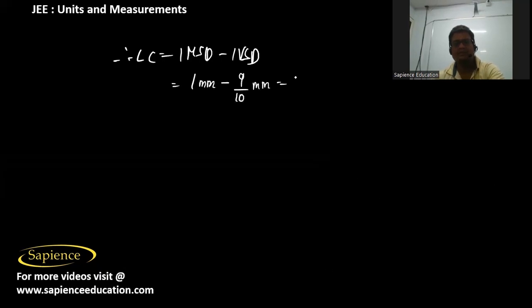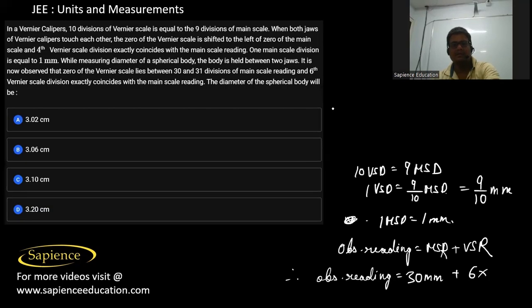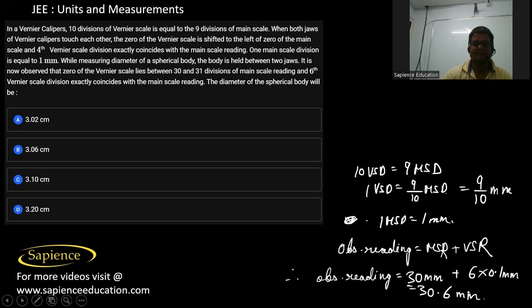So that is 1 by 10 millimeter, or I can say 0.1 millimeter is the least count. So it is 30.6 millimeter is the observed reading. Observed reading is 30.6 millimeter.